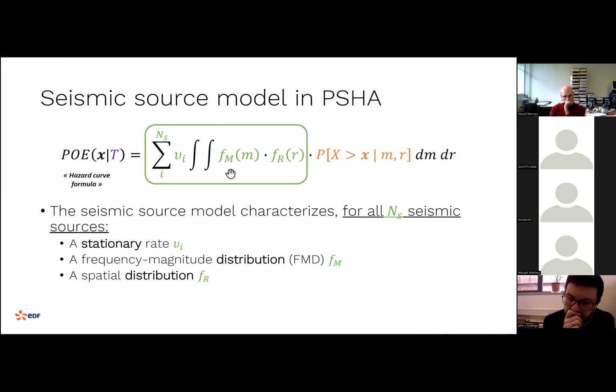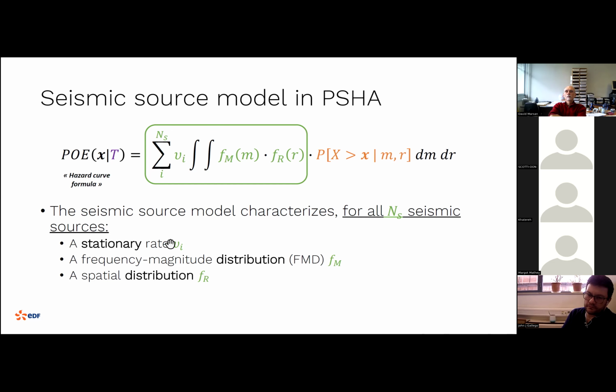And the seismic source model has three terms. So you loop on every source. Imagine you have n small s seismic sources. For each source, you need to characterize your source with these three ingredients.